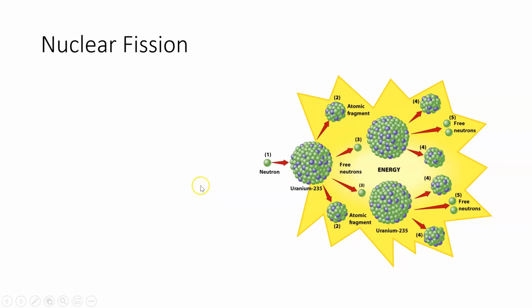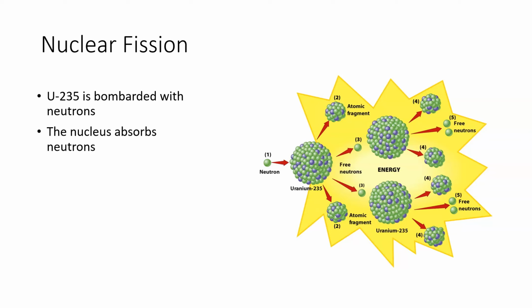So the way the fission process works is once we've got our uranium fuel pellets, uranium-235 is bombarded with neutrons. The nucleus of uranium-235 absorbs a neutron, which causes it to split into smaller elements. In that process of splitting an atom, some of the mass of uranium-235 is released from the atom as pure energy, or heat in this case.